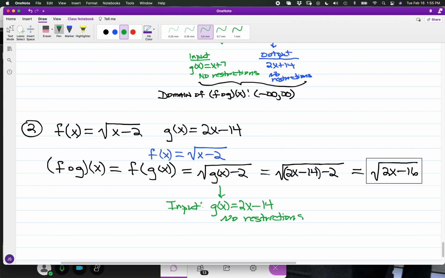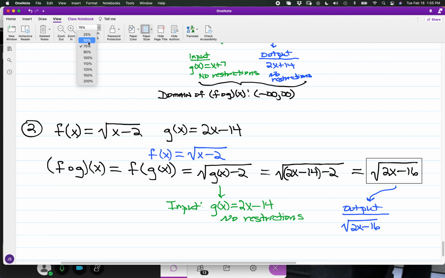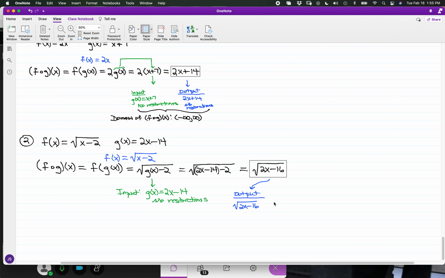Now with the composition, in terms of restrictions, this is going to have a different story to it. Now the output, again, we have the square root of 2x minus 16. And because we have an even root radical, 2x minus 16 cannot be negative.